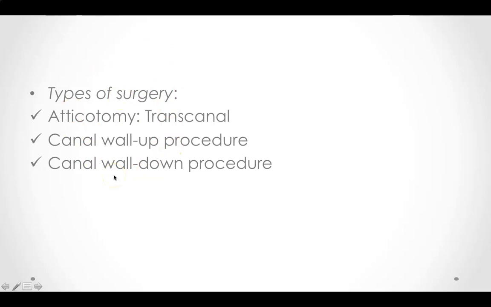That will be discussed in a separate presentation. I'm just telling you what type of surgery can be done. So atticotomy we generally do when there is a limited cholesteatoma in the attic area that we can clear through atticotomy. And then we have certain indications for canal wall up and canal wall down procedures, which I won't be discussing here.